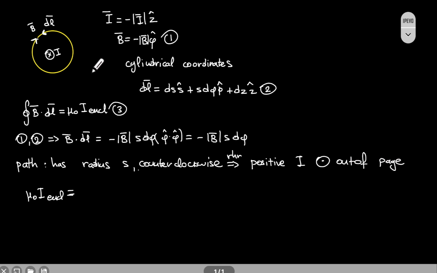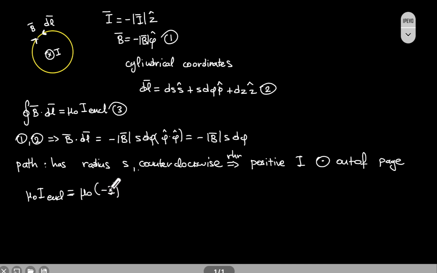Now pay attention. The current that I have in this case is flowing into the page. Because a positive current flows out of the page and my current flows into the page, the current enclosed is mu naught times minus I.